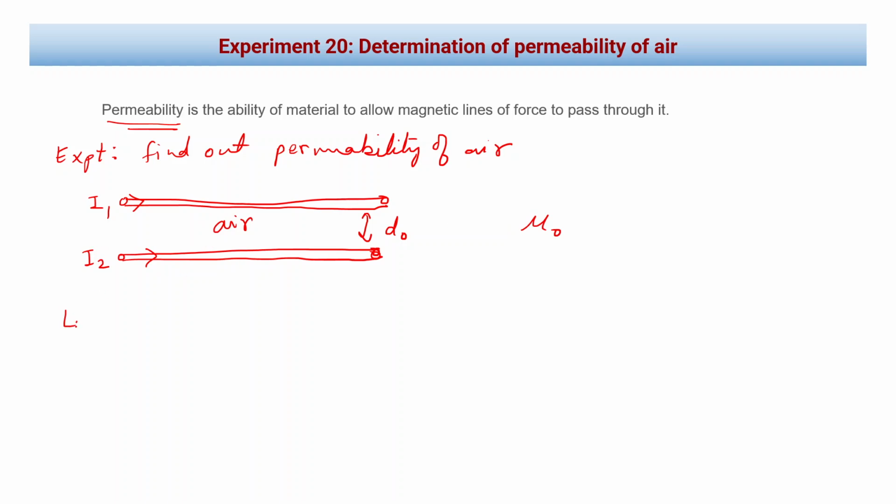Now, we know the Lorentz force between two long wires is given by the formula mu over 4 pi times 2 I1 I2 times L, which is the length of these conductors, divided by the distance between them.